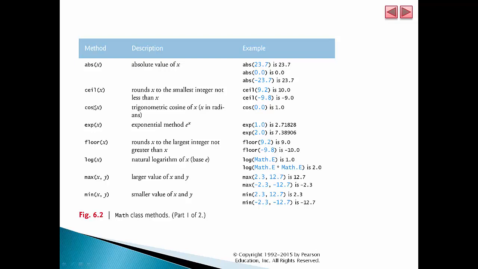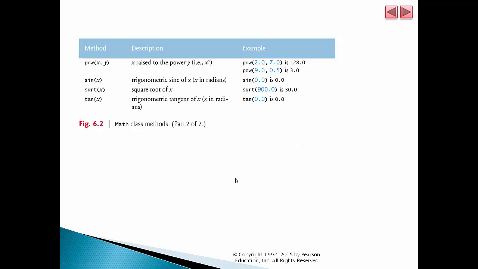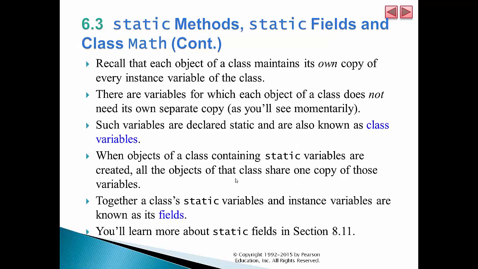In order to compute a cosine, all you need is an angle. If you give the angle, you can just go and do the computation. Or for exponent, or for floor and log, all of these things are not dependent on any other things. So if you have such a function in mind, you can create it as a static method, and you can bundle it inside one particular class.